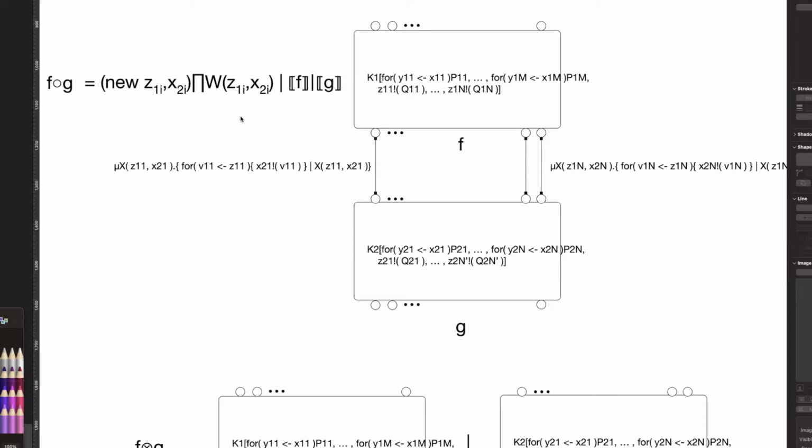So if what we want is that f ring g and g ring f are equal, will they be equal? Well, yes, they will, because these z's will be different, right? Otherwise, we'd have a wire from here to here, and then the wire wouldn't be visible. So I urge you to go and check that this is in fact associative.